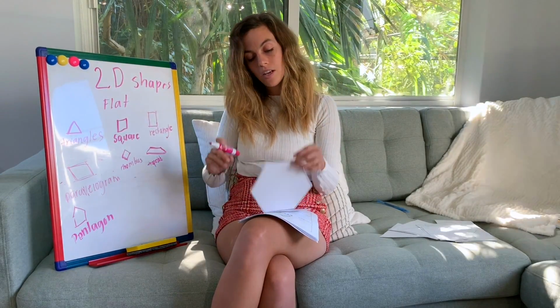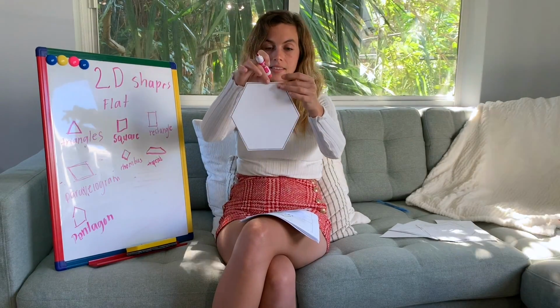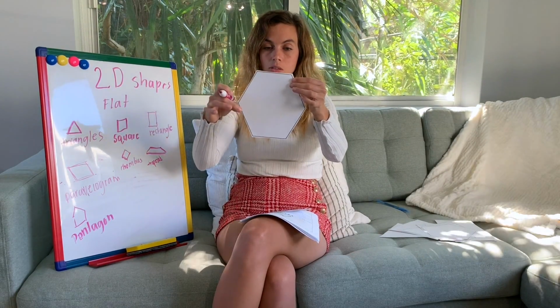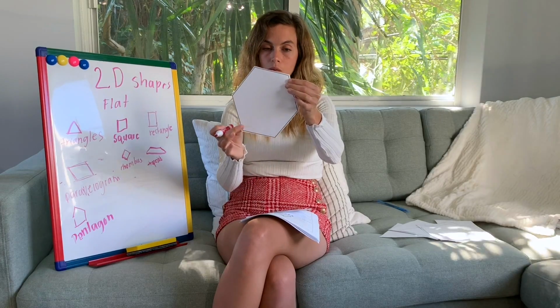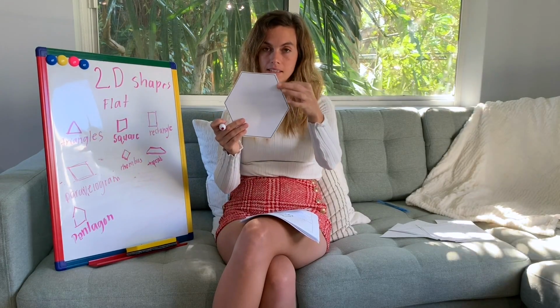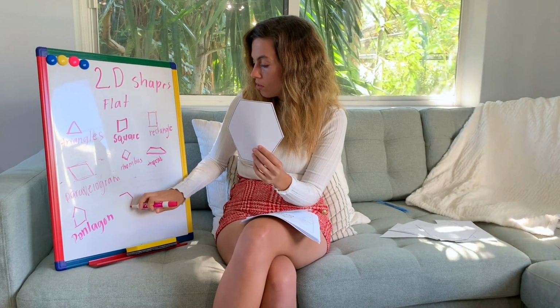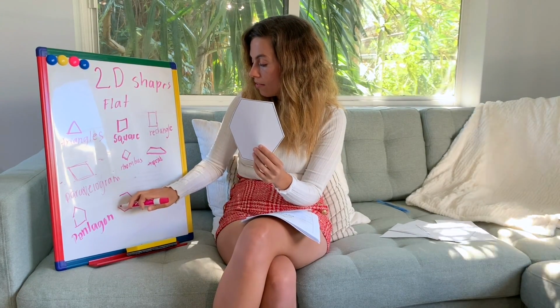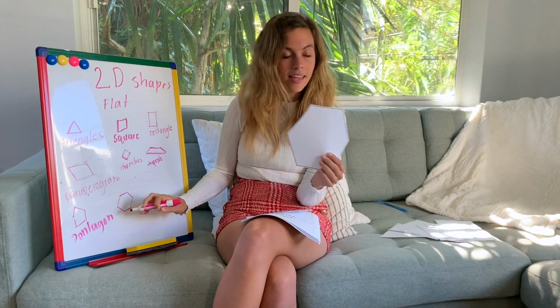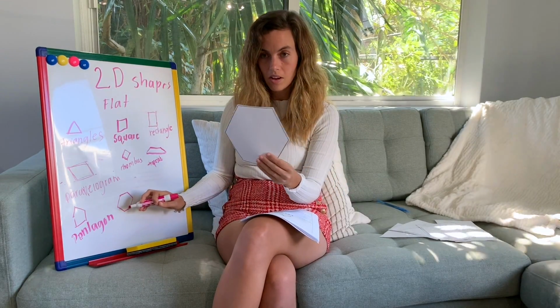Okay, our next shape here has 1, 2, 3, 4, 5, 6 sides. Does anyone know what this shape is called?